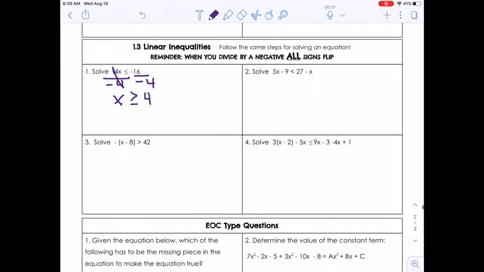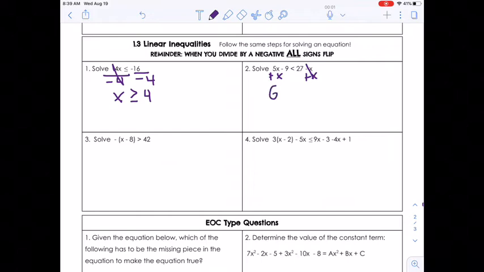And there's my answer. Number 2, we're going to try to get all of our variables on the same side. So we're going to move those first. And then we're going to get all of our constants on the same side.